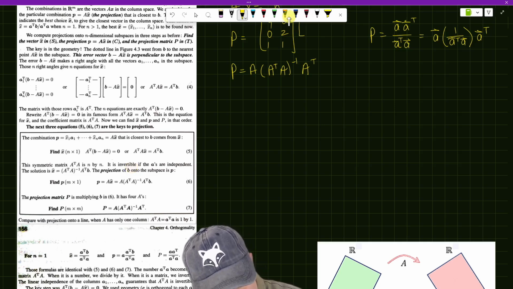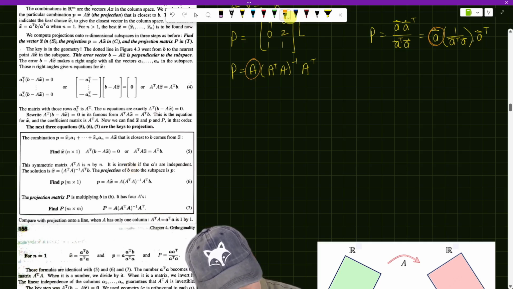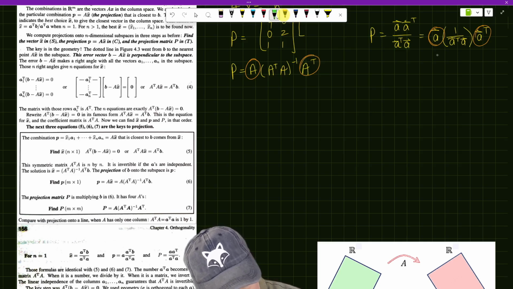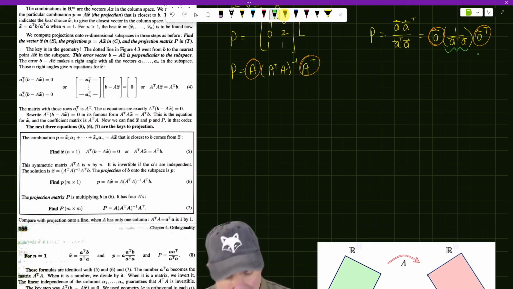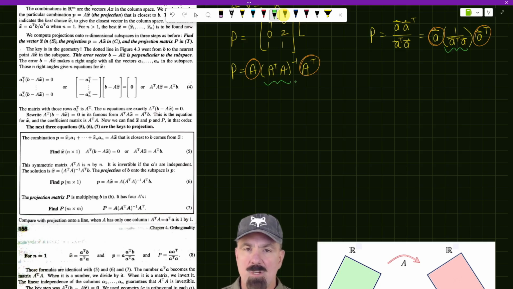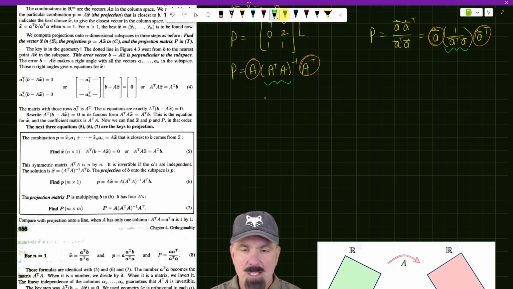And you can see the similarities here with the A and the A transpose on the outside, and then in the middle we have this scaling. And that's exactly what this does, where the inverse, of course, gives us the 1 over, if you will. That's the reciprocal in matrix terms. So what we need to do is to create this calculation. So let's go ahead and do that.